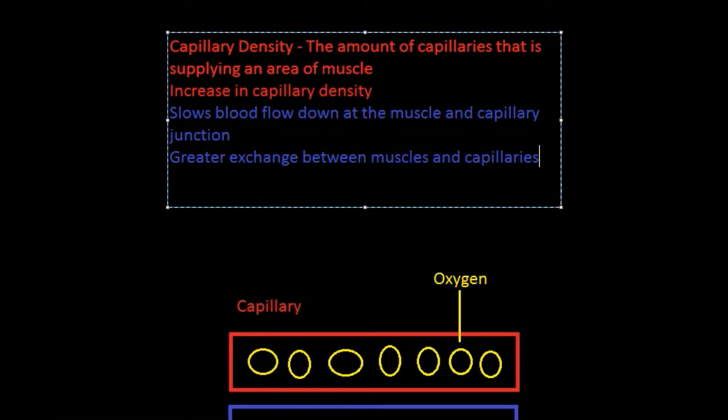It's important that this happens because oxygen is used by the mitochondria, the powerhouse of the cell, to produce energy, which we already know is called ATP. But we need something that can take the oxygen from the capillaries and keep it in the muscle. So what we have is a hemoprotein called myoglobin.